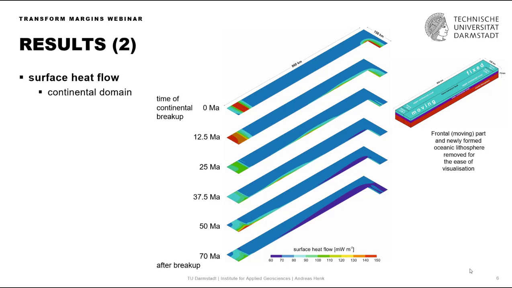This results from crustal thinning along the transform margin, as well as the lateral heat transport from the continent towards the cooling oceanic lithosphere, which undergoes very effective convective heat transport and only has a negligible radiogenic heat production in this domain.